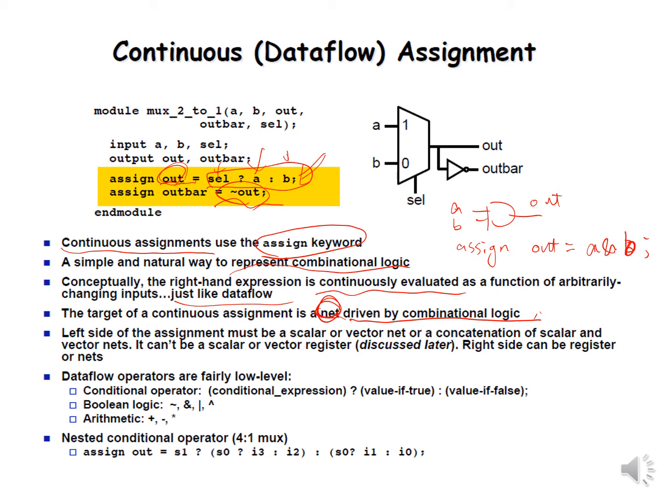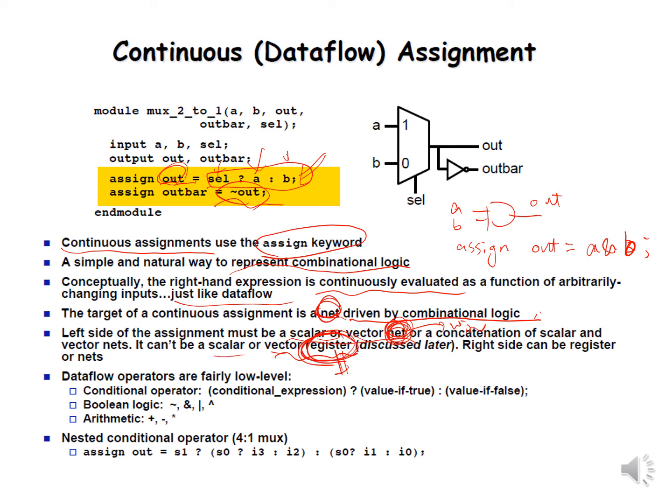You have to keep in mind that the assignment is happening on the net or wire. The left side of the assignment should be a wire type, a scalar or vector net. Any net type. You cannot use a register, scalar or vector.